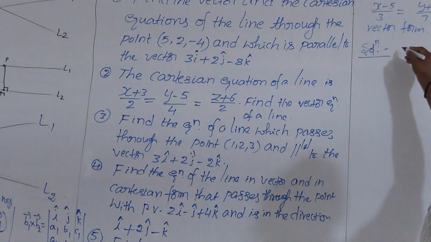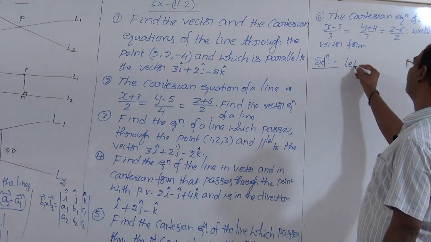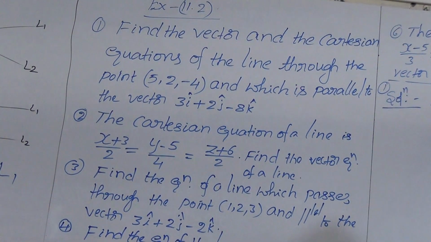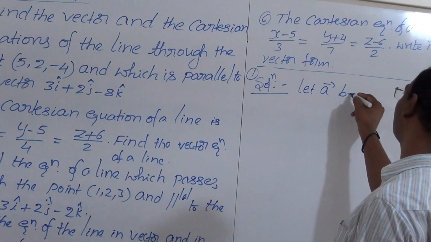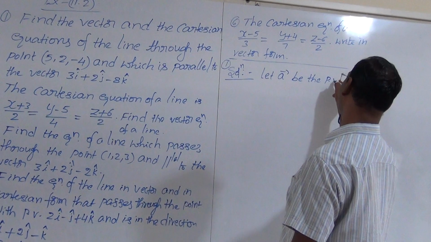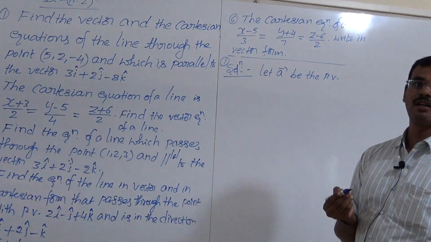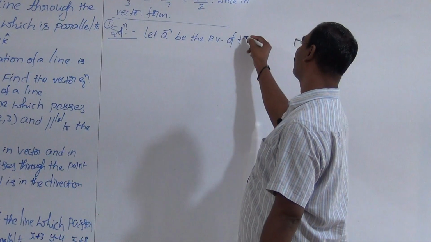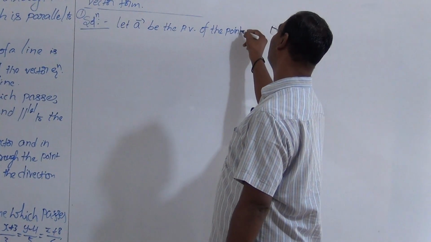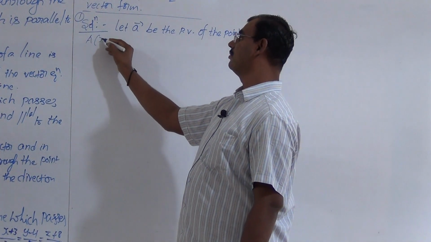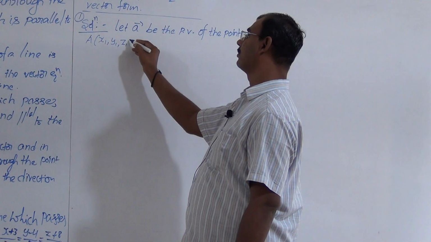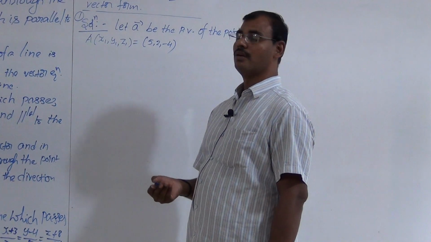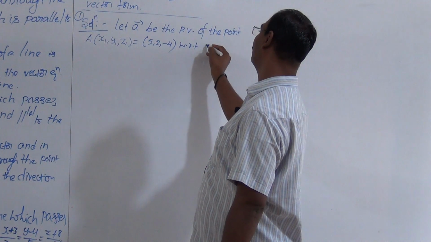To write the answer, solution of the first question: let a bar be the position vector, PV means position vector, of the point A (x1, y1, z1), that is equal to (5, 2, minus 4), with respect to the origin.